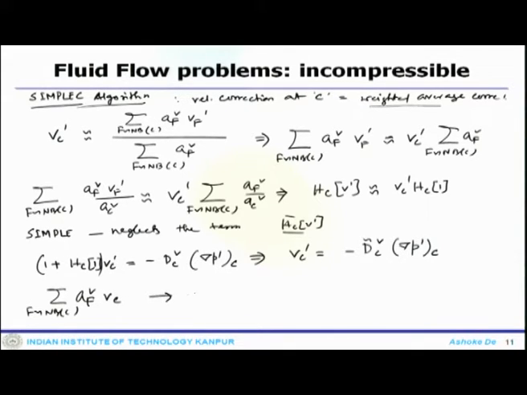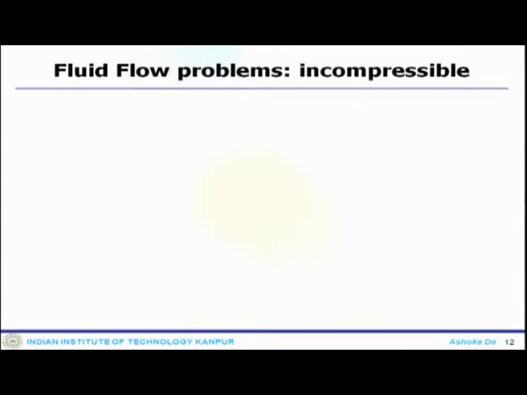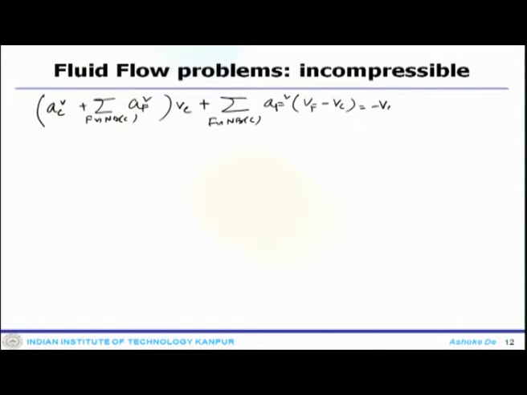So, you use this one in the momentum equation, and once you do that, combining everything, it will lead to ACV plus summation of F NBC AFB BC plus F NBC AFB BF minus VC equals to minus VC delta PC plus BCB, which in turn in a compact form one can write BC plus HC V minus BC equals to minus DC delta P C plus BC.